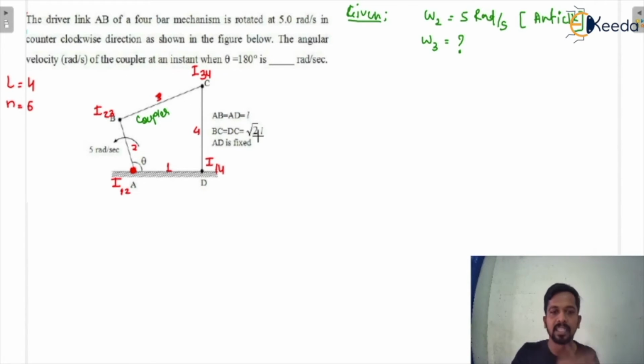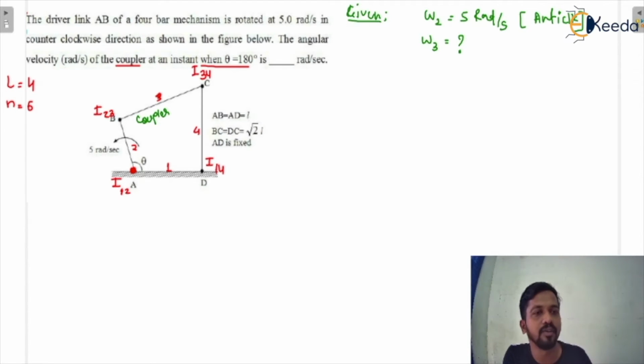See, in the question it is given that the angular velocity of the coupler is required at the instant when theta is equal to 180 degrees. You have to calculate the angular velocity of the coupler when theta is 180 degrees, not in any other position. You have to convert theta into 180 degrees, then calculate the angular velocity of the coupler.